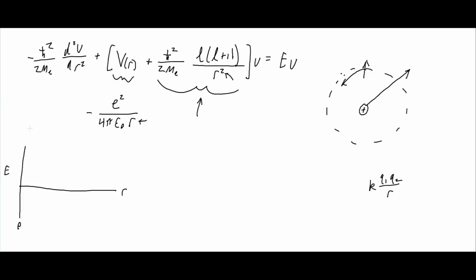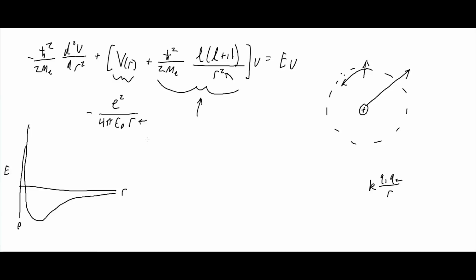So our potential is asymptotically going towards infinity, and we will get a potential that looks like this, and then it asymptotically goes towards zero as our R becomes very large.